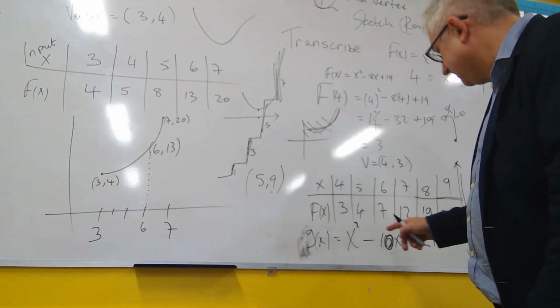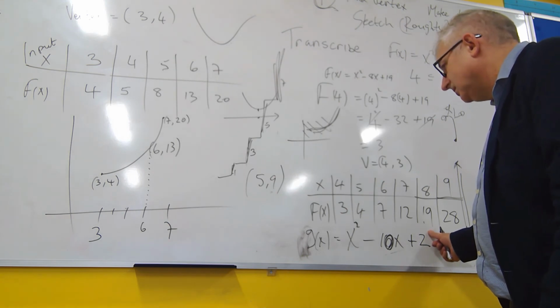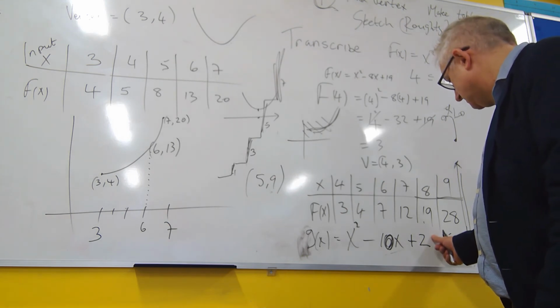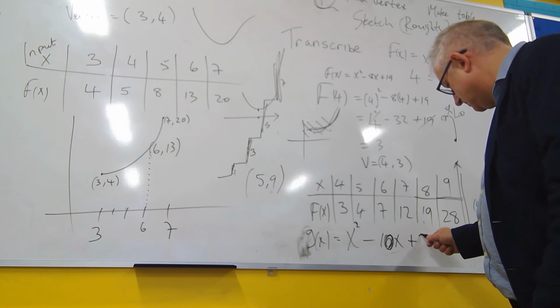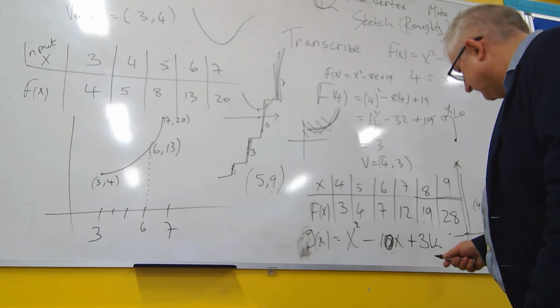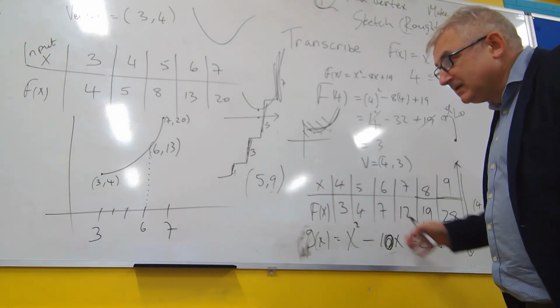Oh, yeah, I made a mistake actually. Okay, let's make that 34. 5 fives is 25. Take 25 away from that and you get 9. And that's what goes there.